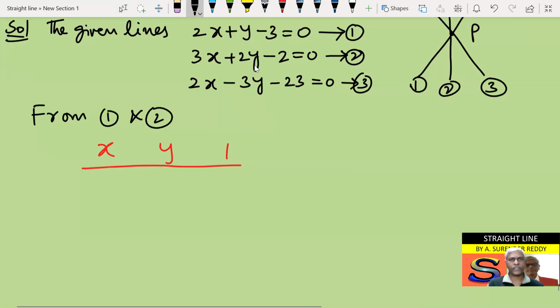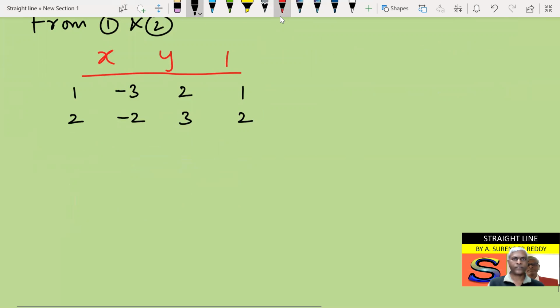Taking the coefficients starting from y: 1, minus 3, 2, and repeat the first one. In the second also: 2, minus 2, 3, repeat the first one. So starting with the y coefficient, constant, x coefficient in both the lines. And then cross multiply.